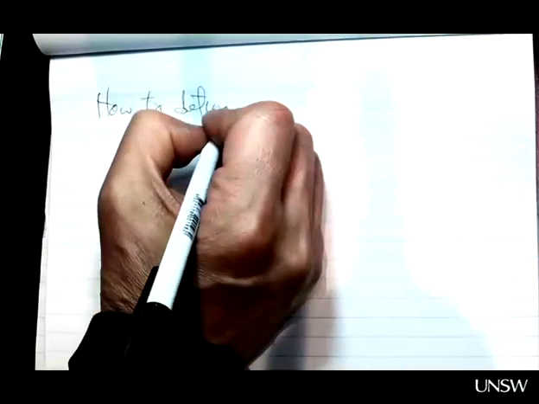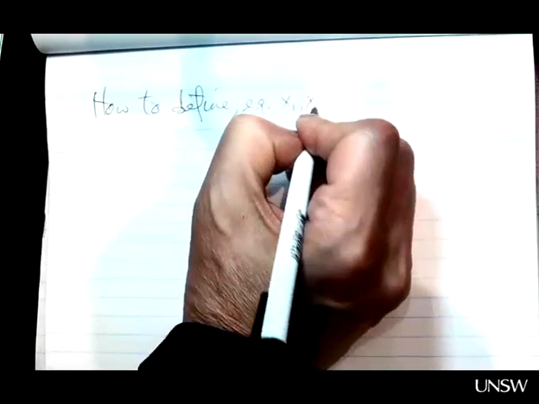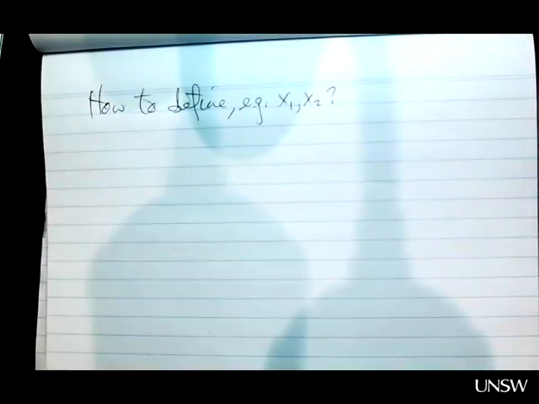The question I want to ask is how to define, for example, x1, x2.